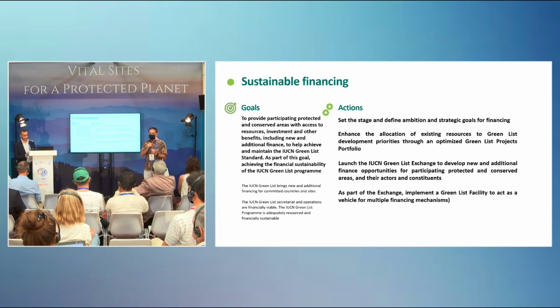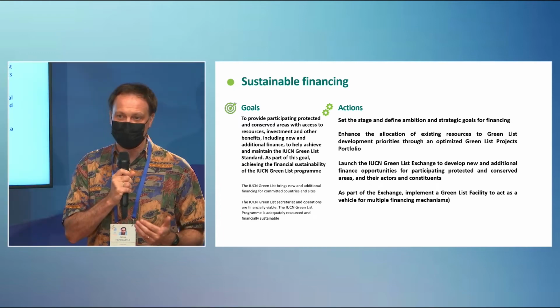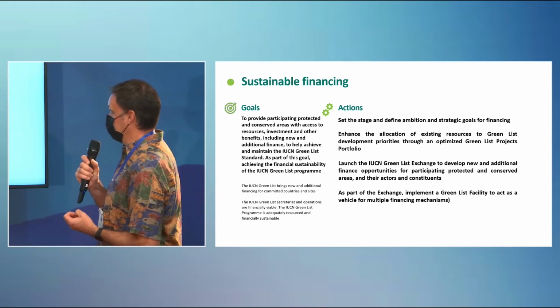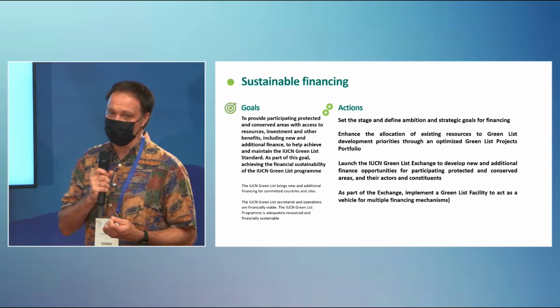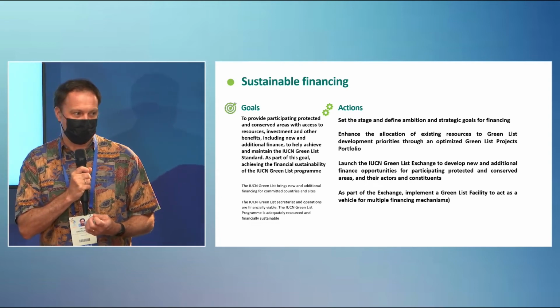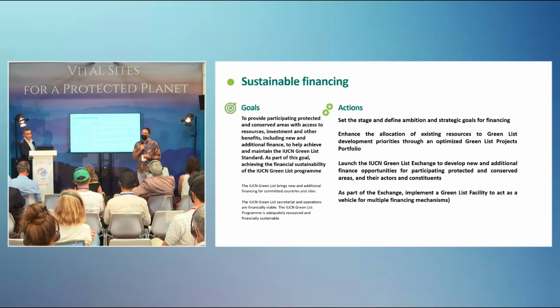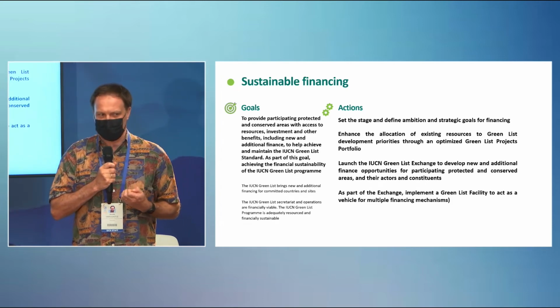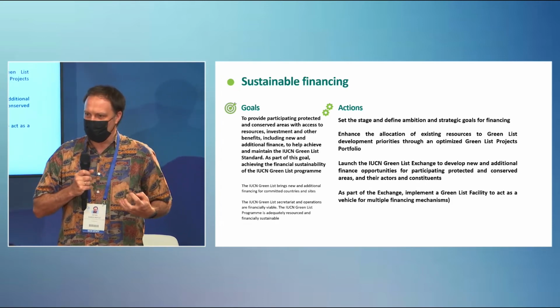Finance, in the middle of the presentation, but this is probably one of the most critical pieces for anything we do. You need the resources, you need the financing. And through our development plan for the Green List, through our ambitions, we're really setting the bar high for positioning our standard, positioning our programs, positioning the work we do in terms of the resources needed to implement it. And through our strategy, we are not looking at how we can finance our Green List program, how we can finance our operations.